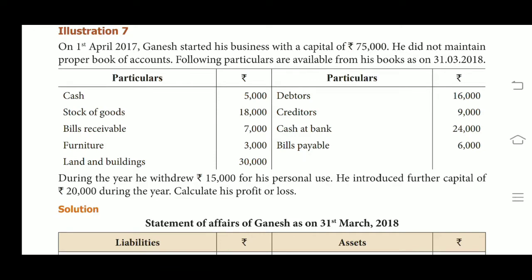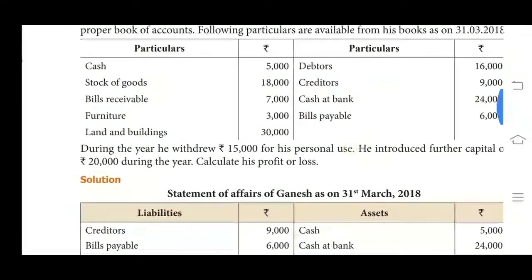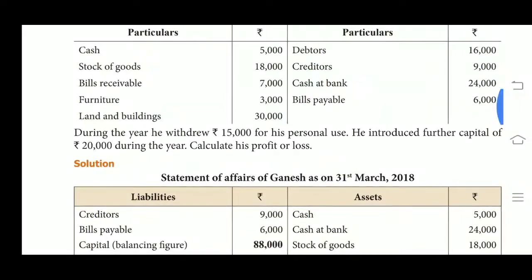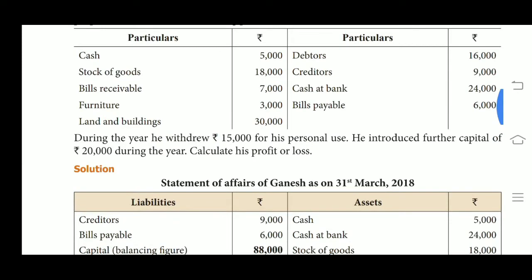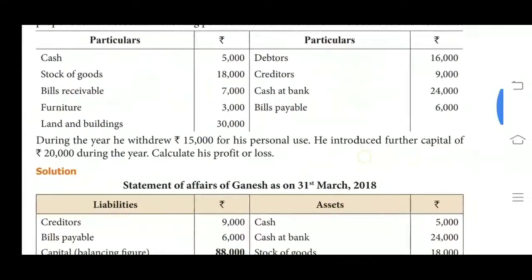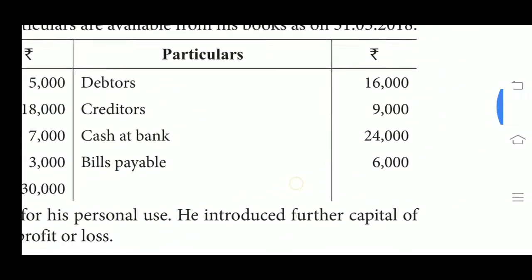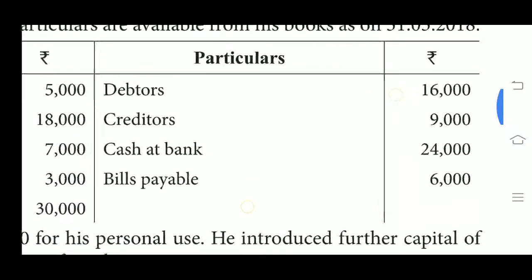Particulars: cash 5,000, stock of goods 18,000, bills receivable 7,000, furniture 3,000, land and building 30,000, debtors 16,000, creditors 9,000, cash at bank 24,000, bills payable 6,000.